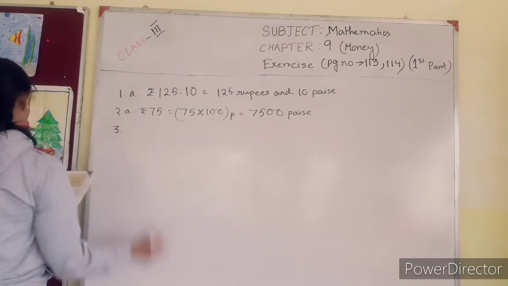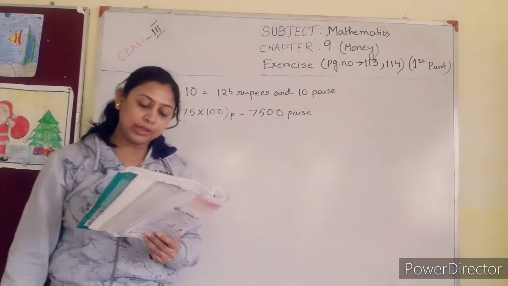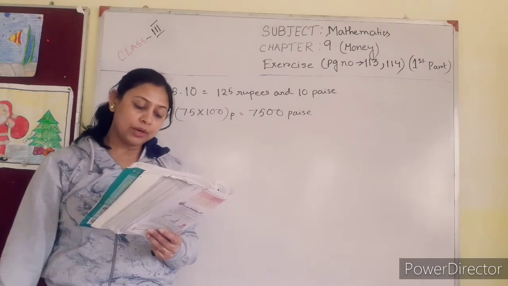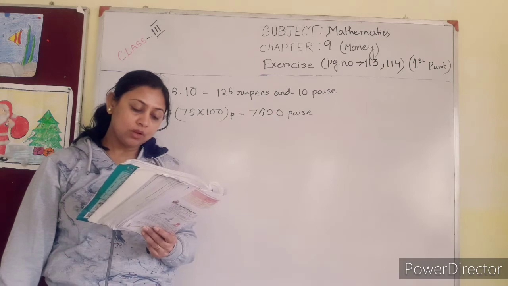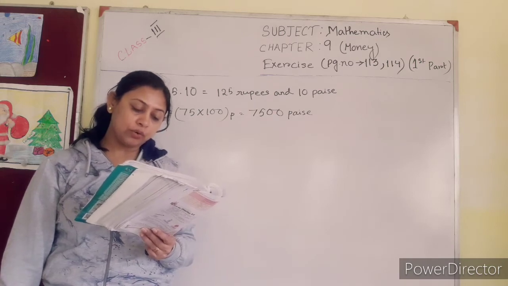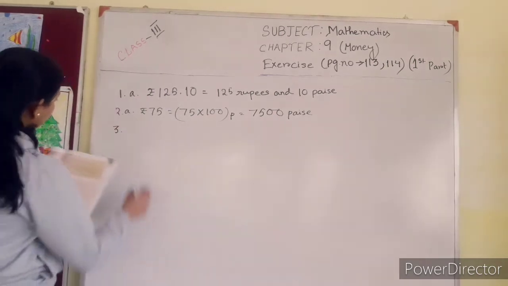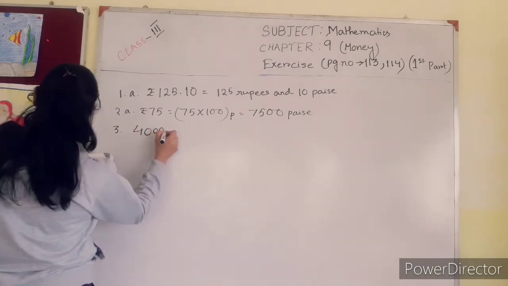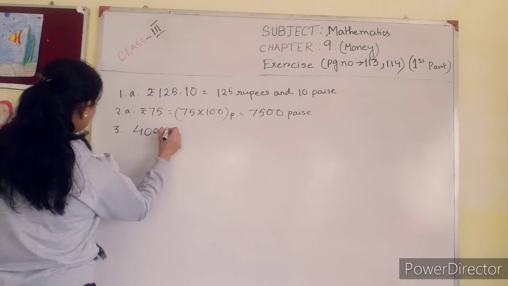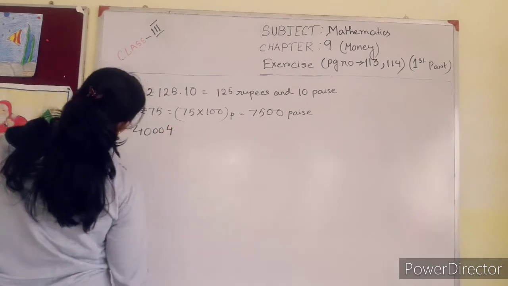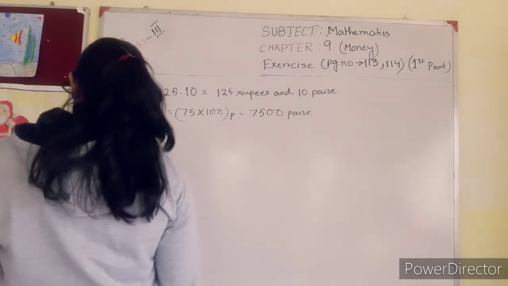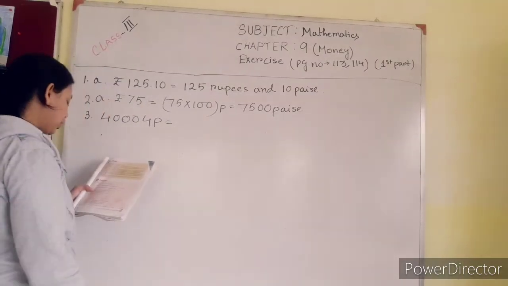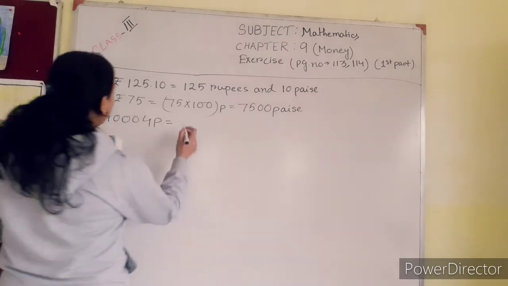Number 3. Convert each of the following into rupees and paise. Question number 3A. 40,000 paise, 40,000 paise equals. For converting to rupees you have to divide this by 100.